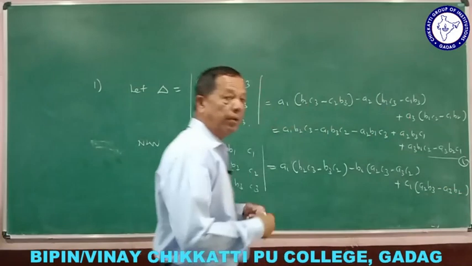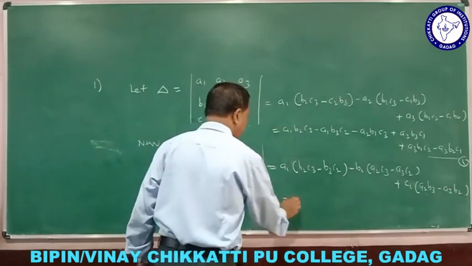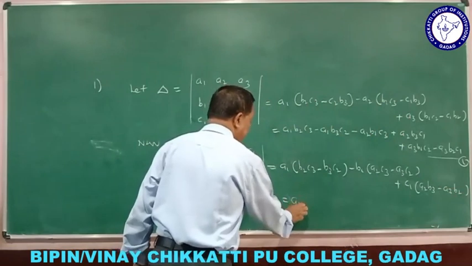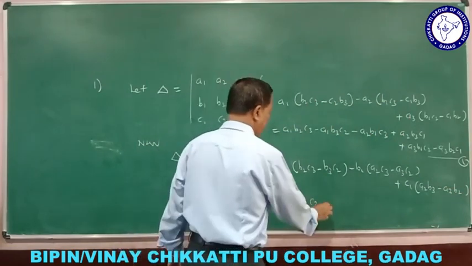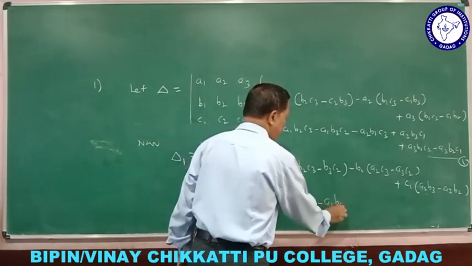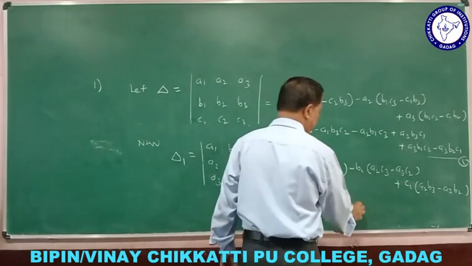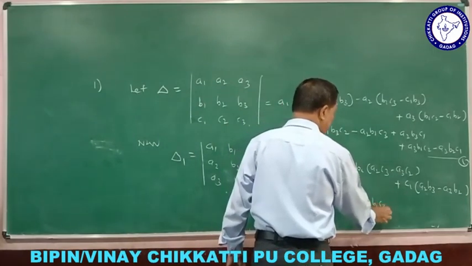Yes, understood. Now to expand this, again maintain the alphabetical order here. What comes, you see? A1 B2 C3. Next, minus A1 B3 C2. Next what? Minus A2 B1 C3. Understood or not?